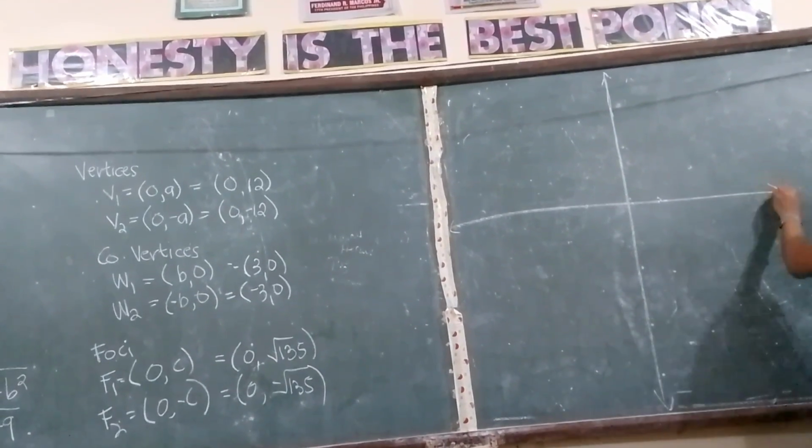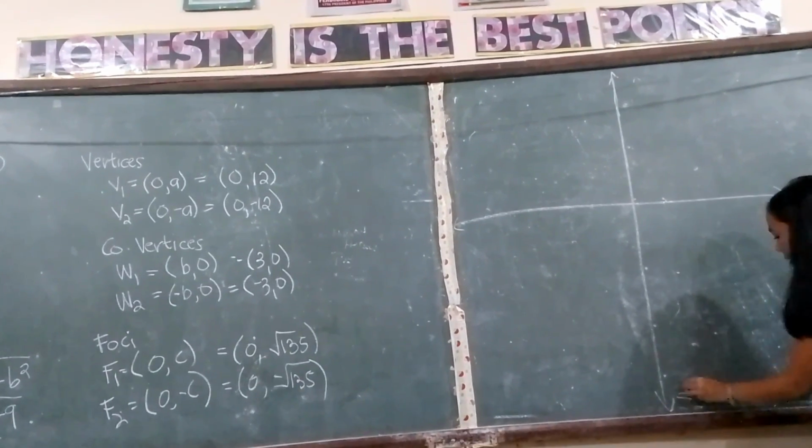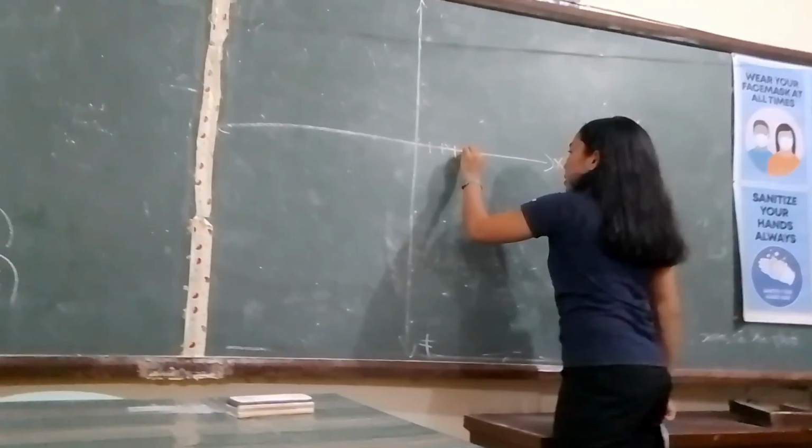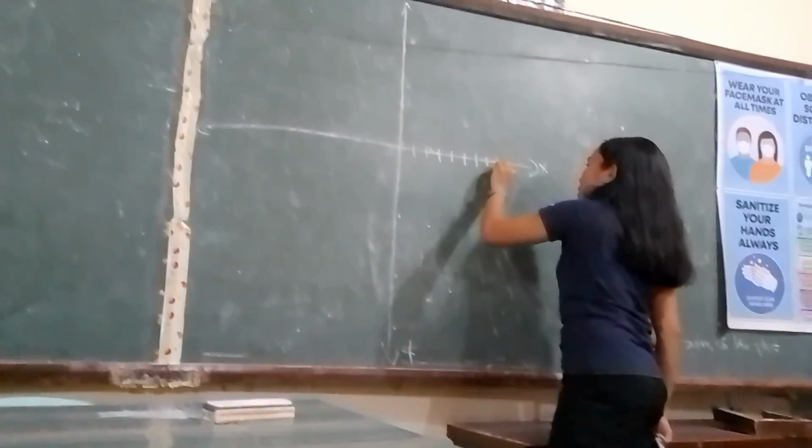We have here the x-axis and the y-axis. So we have 1, 2, 3, 4, 5, 6, 7, 8, 9, 10, 11.